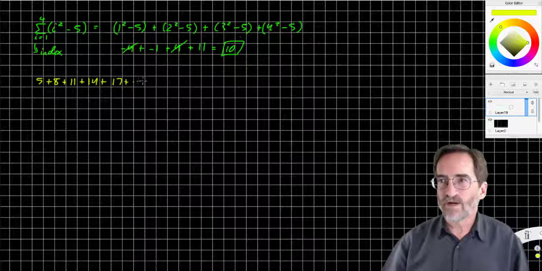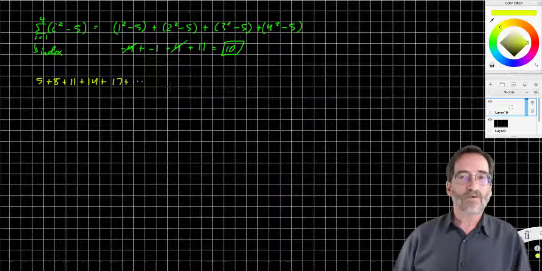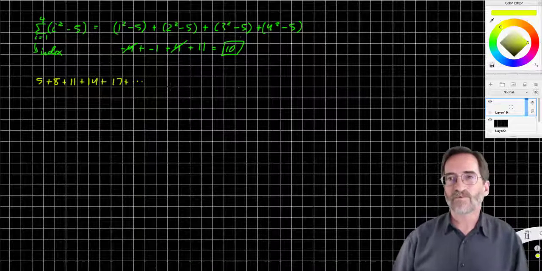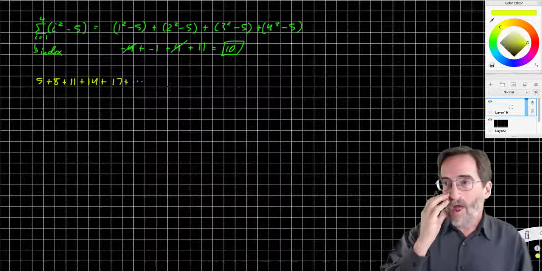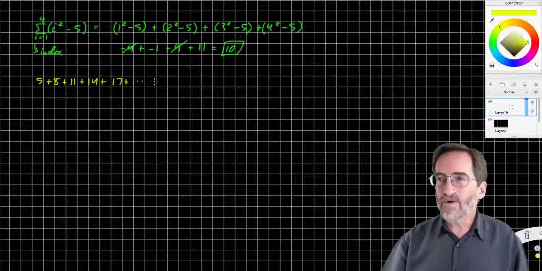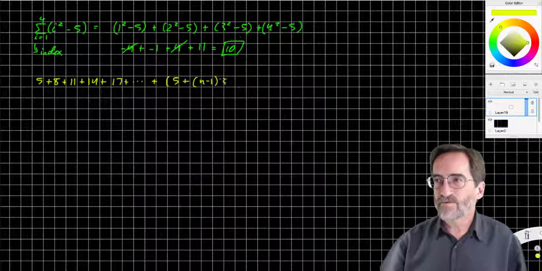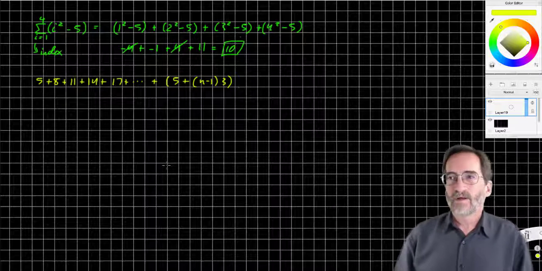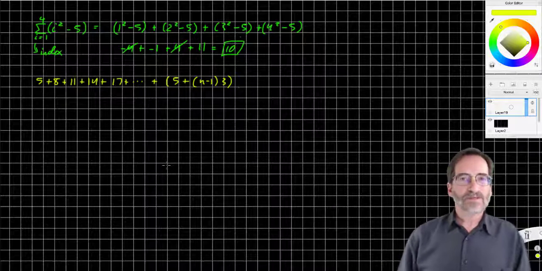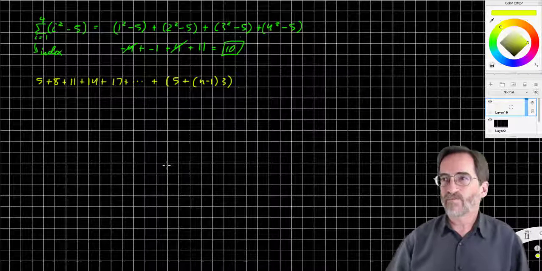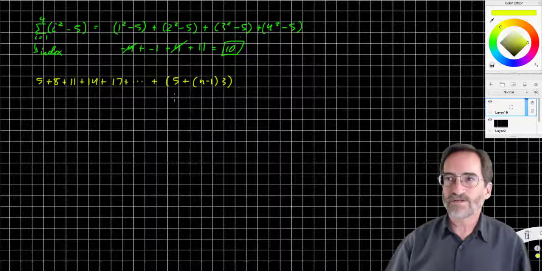This you'll recognize as an arithmetic series with a common difference of 3 and a start value of 5. You may recall that the nth term is a sub 1, 5, plus n minus 1 times the common difference 3. That is our general formula for the nth term of the series.